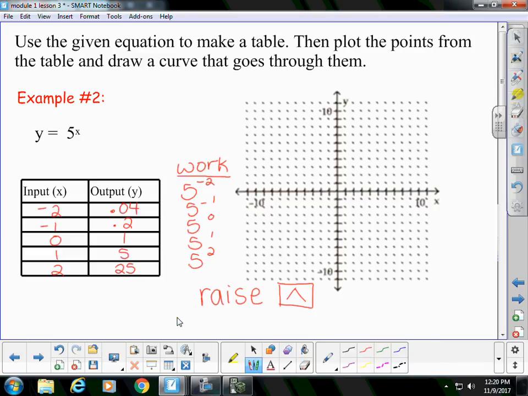The x-axis is fine because you've got 1, 2, and negative 1 and negative 2, but the y numbers go all the way up to 25, and these grids only go up to 10, so you're going to have to relabel them.